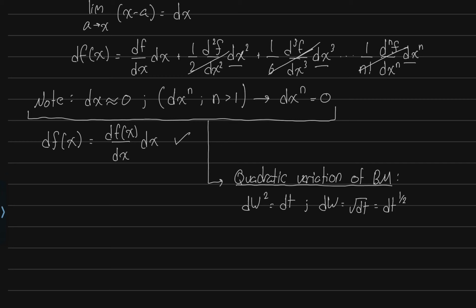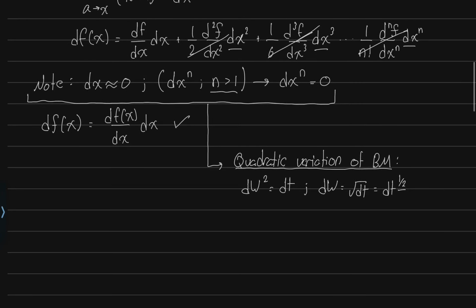The reason I'm pointing this out is because 1/2 is actually less than 1. So whenever we have a term with dW squared, in terms of time, dW squared is not going to be equal to 0, because, as stated before, dW squared is equal to dt.